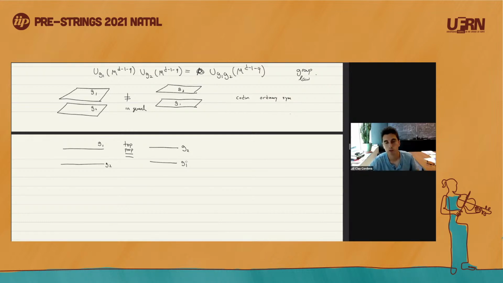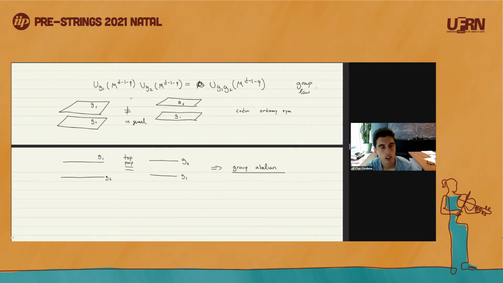So there's no way to enforce an ordering on them when they're codimension 2. This means the group is abelian. That's the simplest situation. If you talk about the most vanilla notion of higher symmetry, where the symmetries of different dimensions don't talk to each other, then the ordinary global symmetry can be non-abelian, and the higher global symmetry is in general abelian.